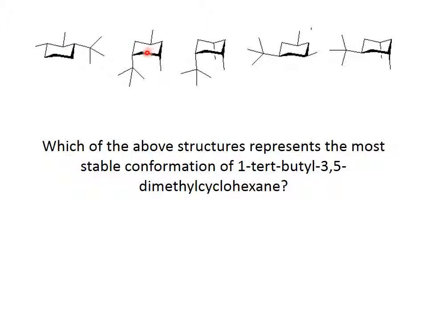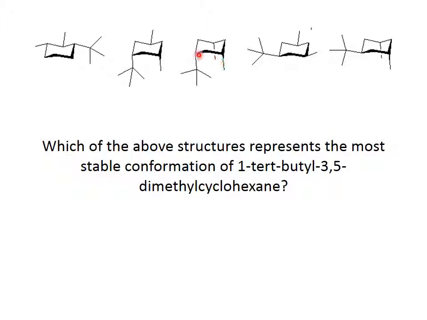Here the t-butyl is 1, then on 3 you have a methyl, and on 5 you have a methyl, but notice they're all axial.